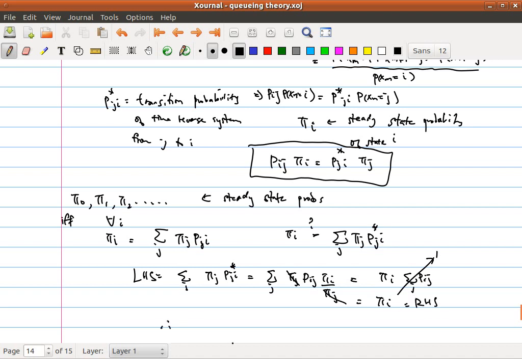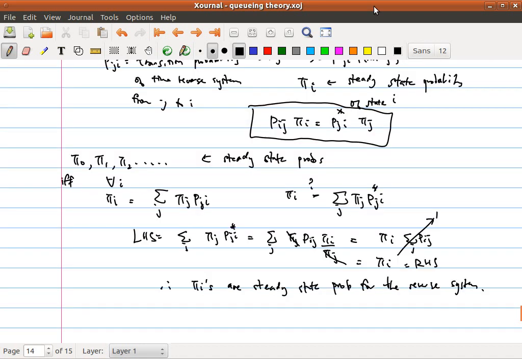So therefore pi_i is really the steady state probability for the reverse system. Okay, we have this here saying that the steady state probability for the forward system is the same as the steady state probability for the reverse system.